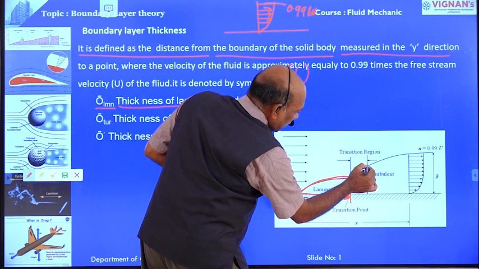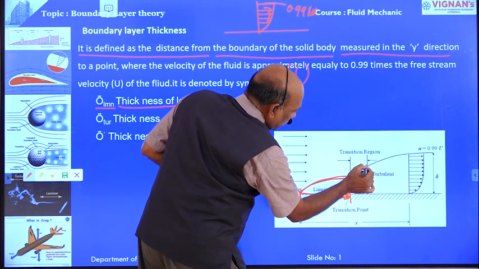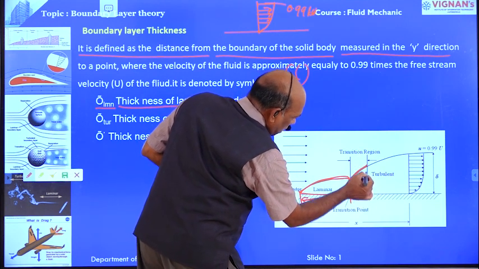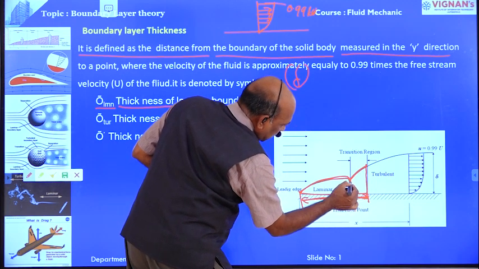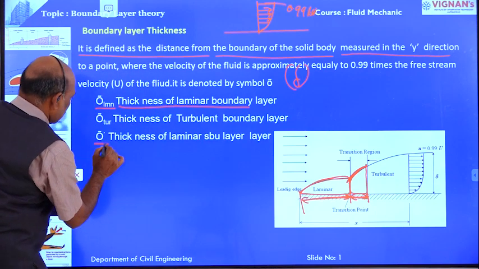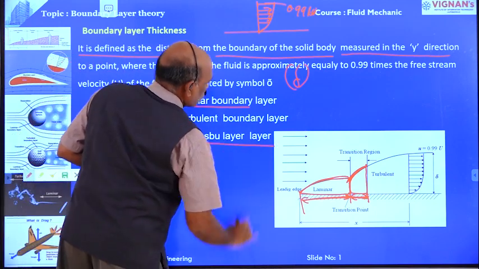This is the transition zone, and its thickness is denoted by delta star, the thickness of the laminar sublayer.